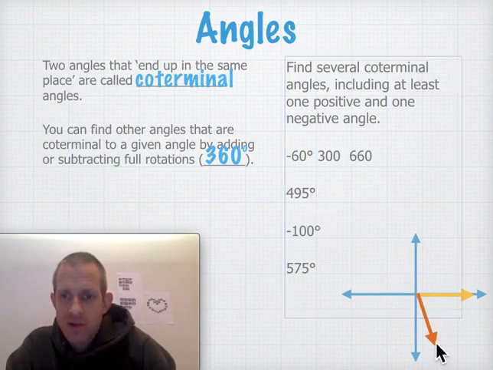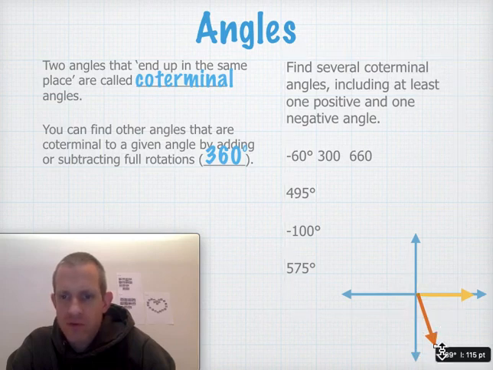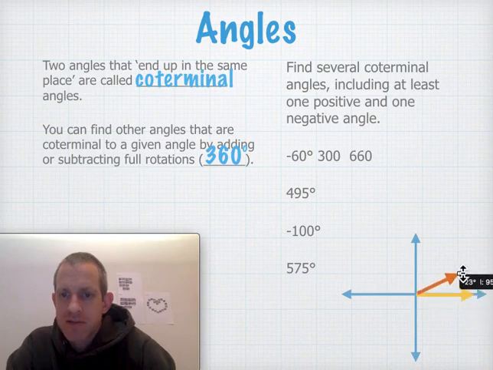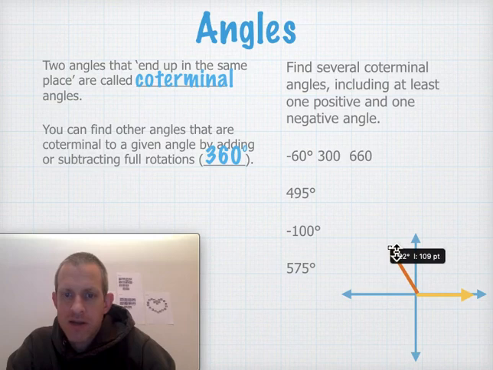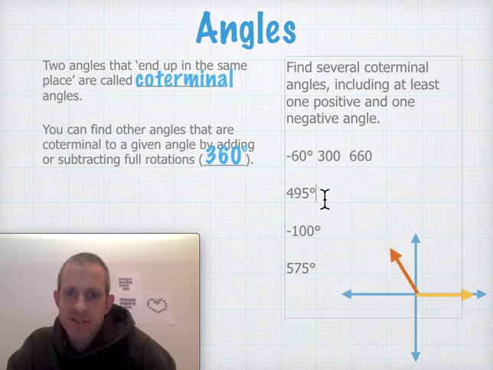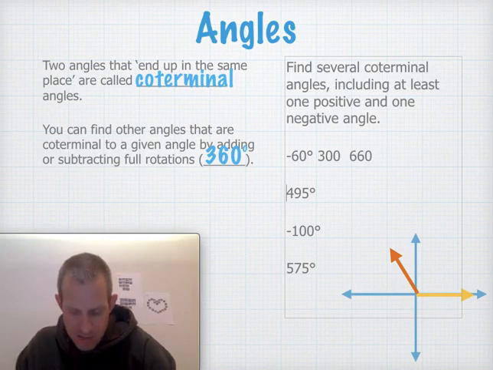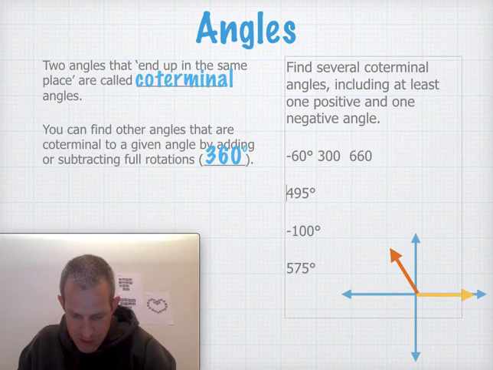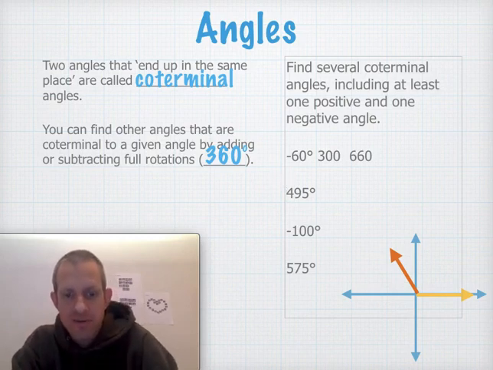So 495 is one that's all the way around, more than my protractor will go, right? It only goes up to 360. And so 495 is somewhere in here. If I wanted to know where I should be to draw that exactly, I should subtract 360 from this and see what I get. So 495 minus 360 is 135.